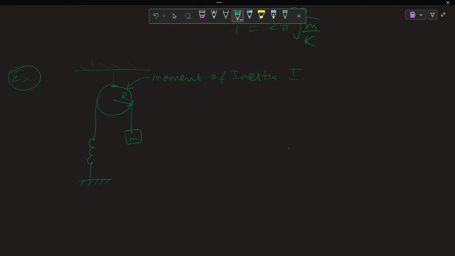And there is enough friction between pulley and thread to prevent slipping. Yes.